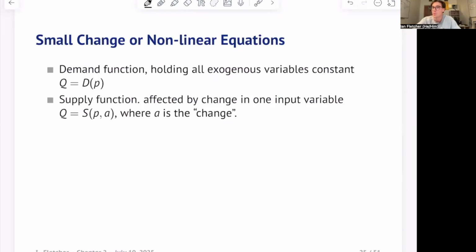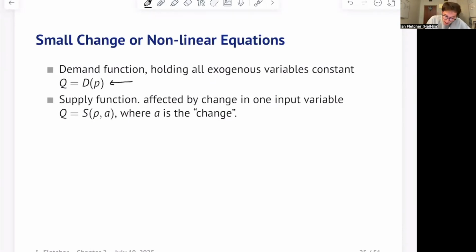It gets a little bit more theoretical, right? We're no longer dealing with just the numbers, we're dealing with some more implicit functions. So again, you would read this as quantity demanded, holding all other exogenous variables constant, depends only on price.